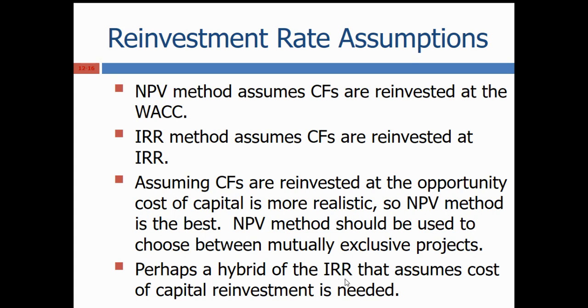The IRR assumption is sometimes not practical, because if your IRR is 40%, can you assume you can reinvest whatever you earn in the first year at a 40% return? Highly unlikely. So that is why the NPV method is preferable compared to IRR, because of this assumption.